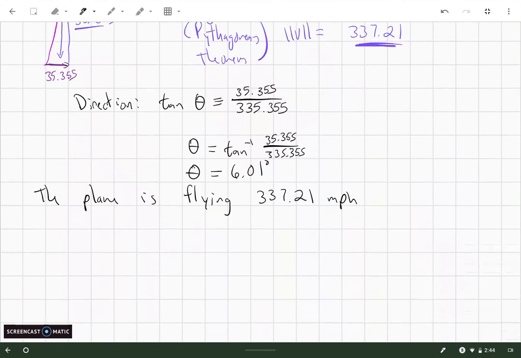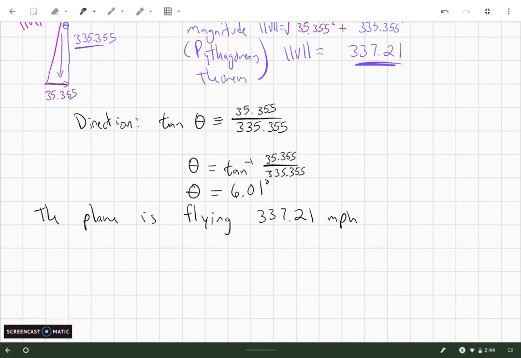So we can say the plane starts off facing north, and we're going to go 6.01 degrees east. So there's the answer for number 2. A lot of steps, but once you get the steps, it's kind of the same thing over and over again. All right, so see if you can do number 3.